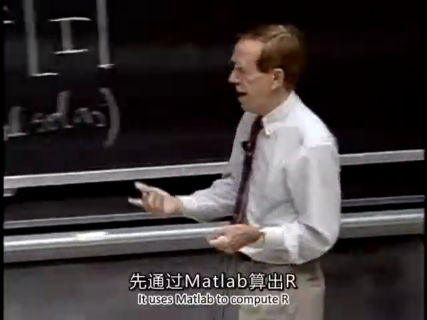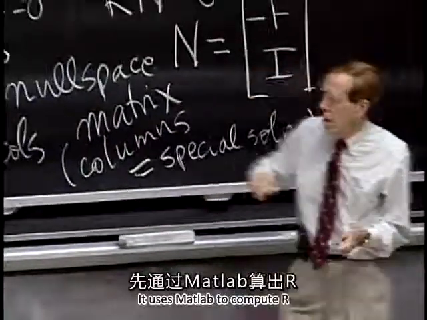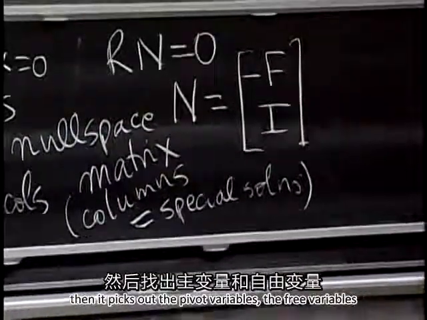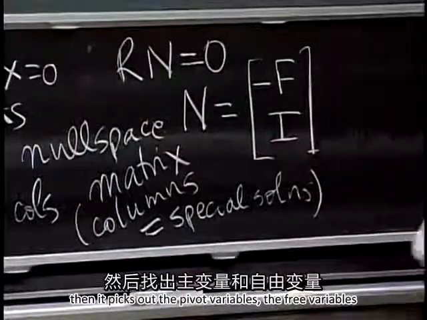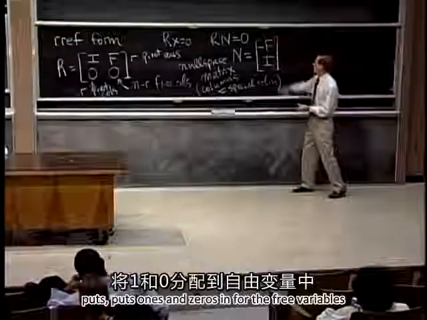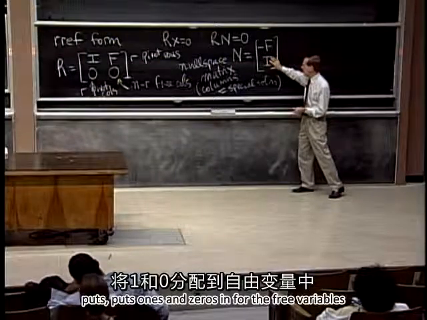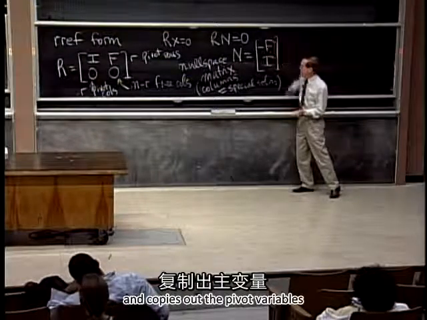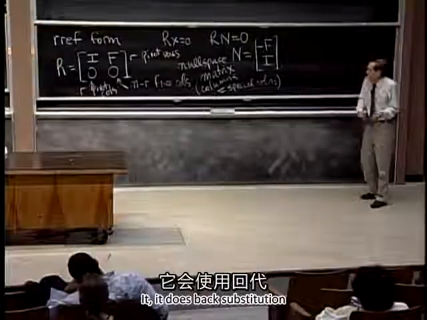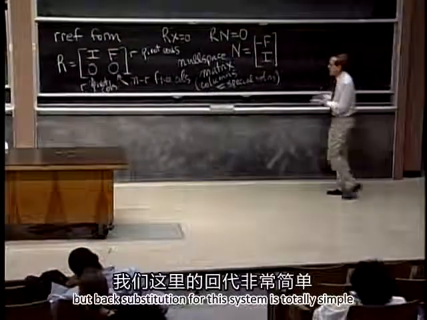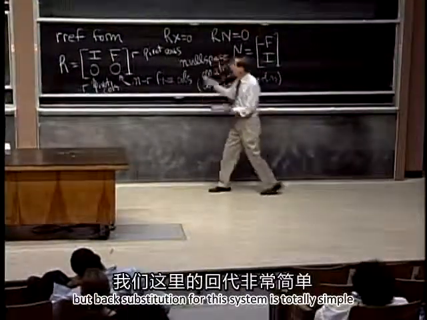It uses MATLAB to compute R. Then it picks out the pivot variables, the free variables, puts ones and zeros in for the free variables, and copies out the pivot variables. It does back substitution, but back substitution for this system is totally simple.